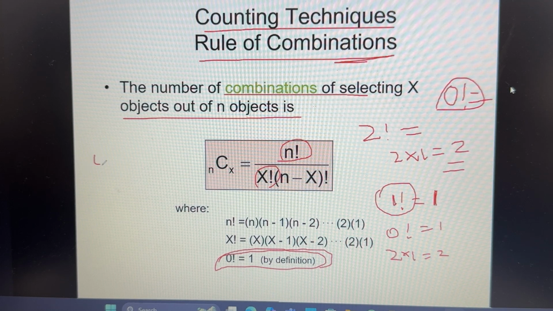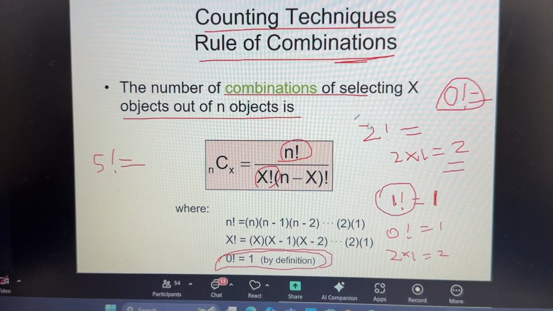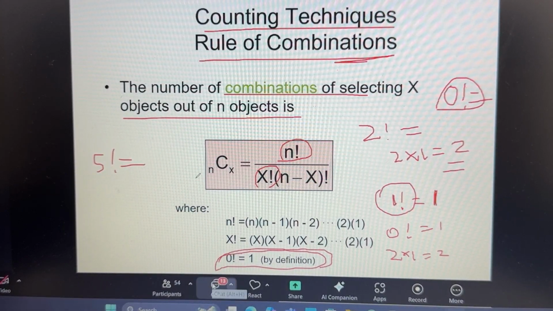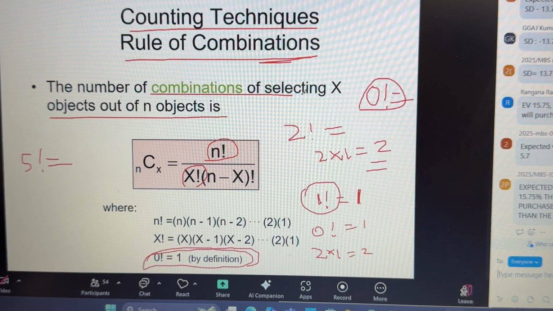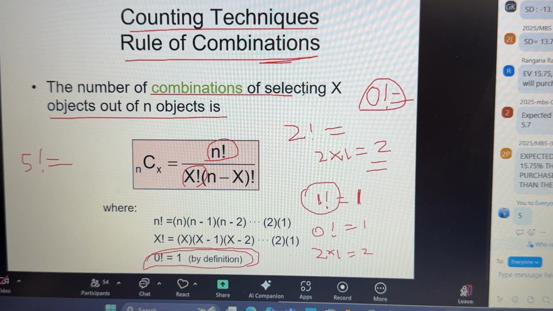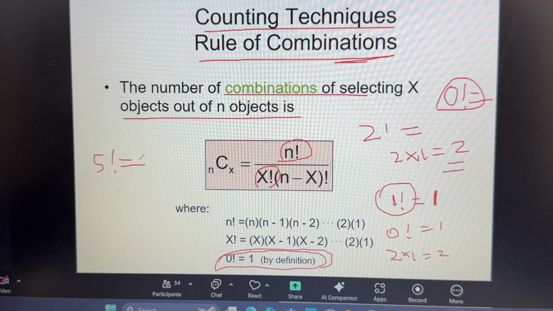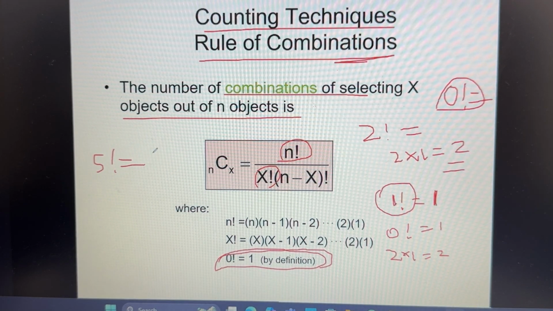So somebody else tell me, I will ask, 5 factorial equal to... Gunadilake, are you there? Yes, sir. Tell me what is the answer?